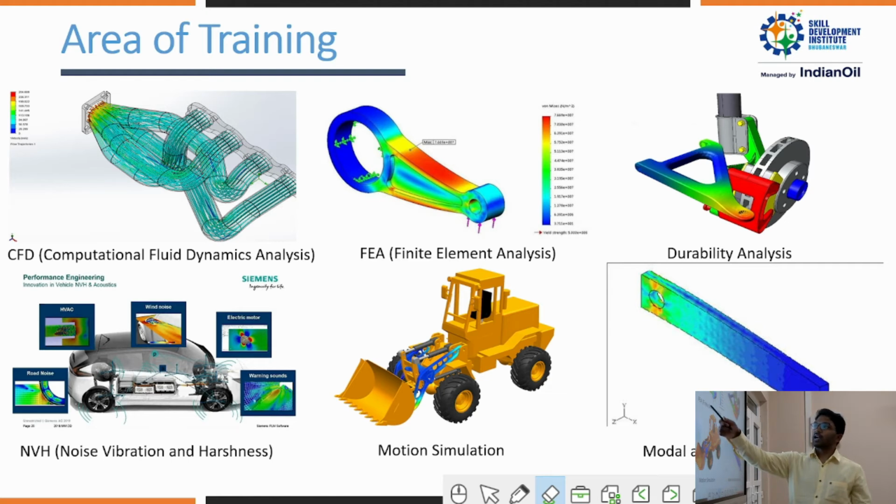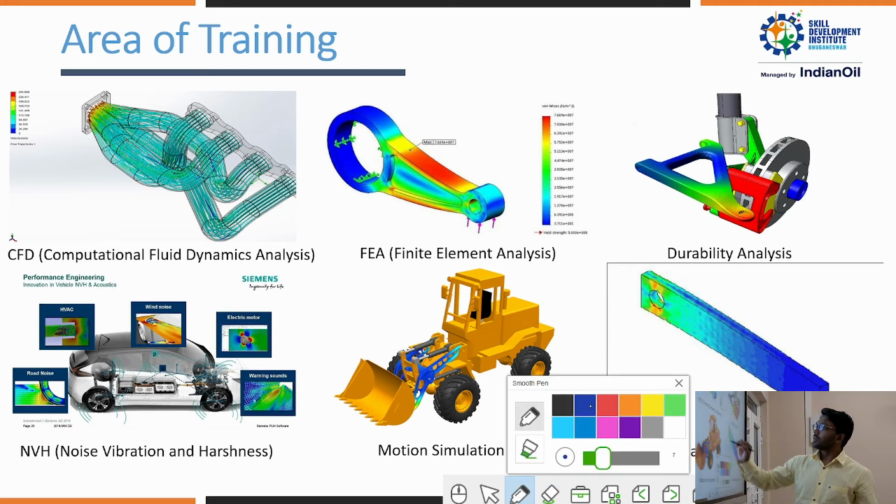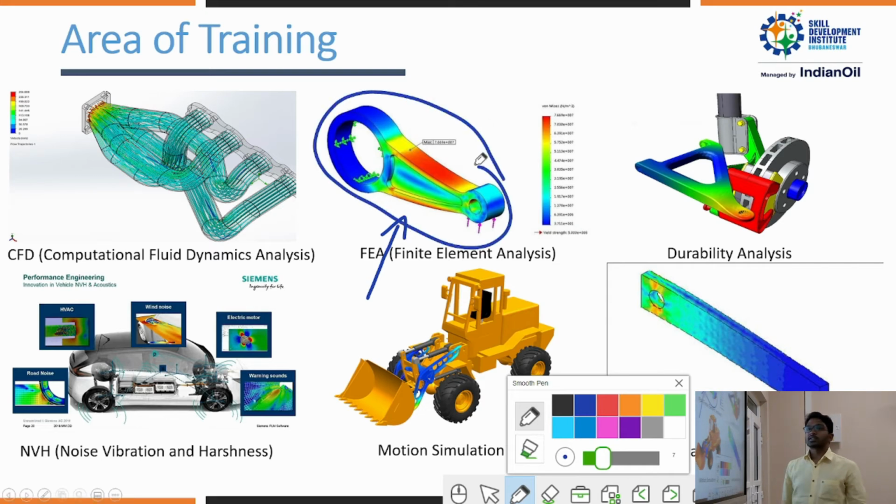Then coming to the second, that is finite element analysis. Finite element analysis means converting or dividing a continuous domain into a thousand small cells and analyzing the stresses, strains and different mechanical properties at different small sections.